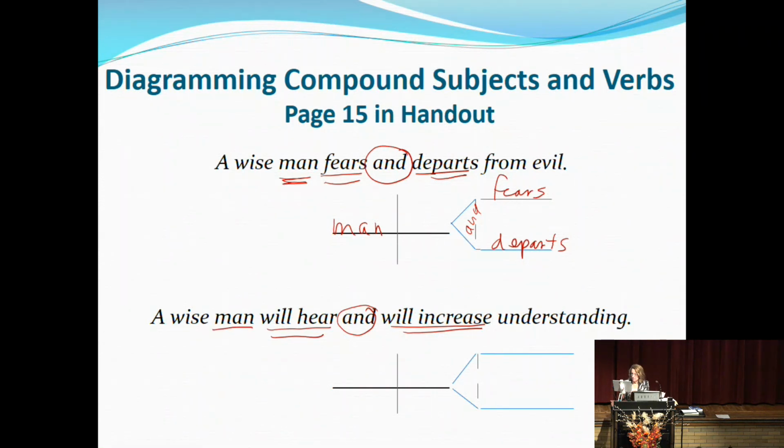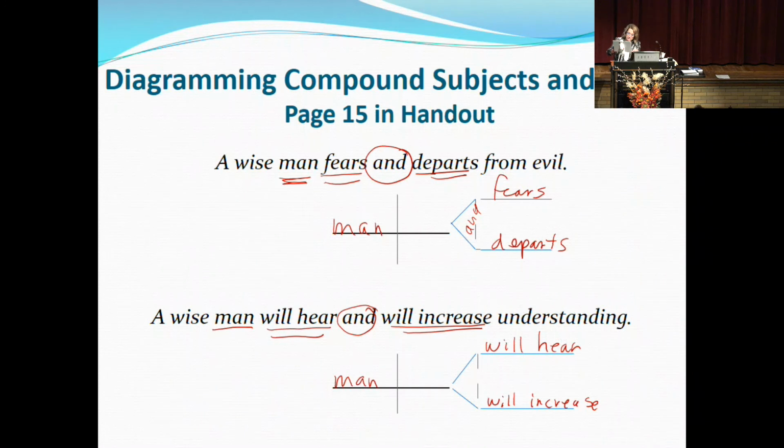So I have will hear, I will increase, and I have man. Whoops, I have to put my connector in here, don't I? There. So it's that simple and that much fun when we're finding our various parts of speech. When we can identify our verb and identify our subject, we're on a good path.